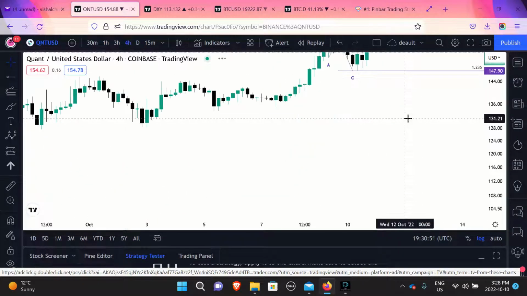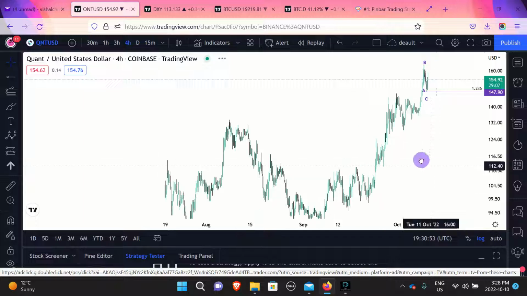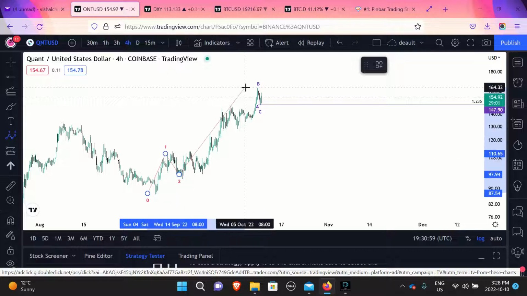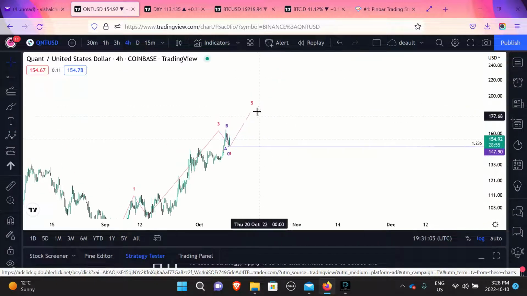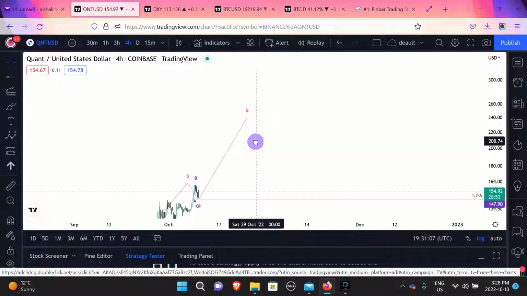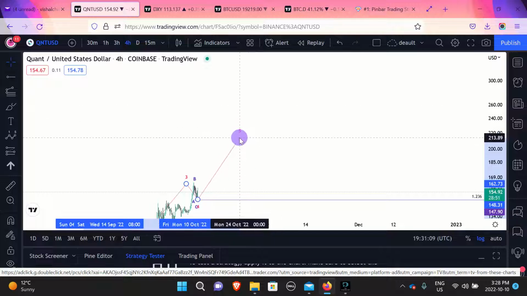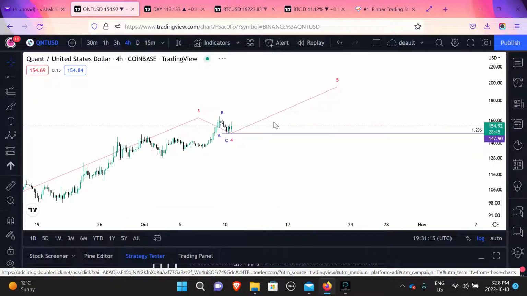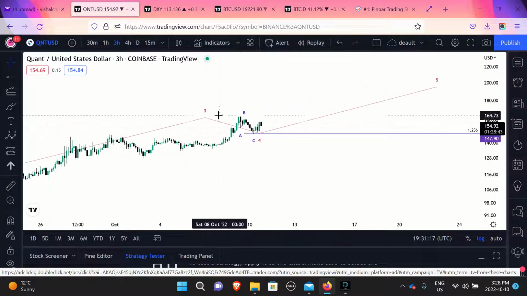Go drop down to the 4 hour. This would be your wave 1, 2, 3, 4, and then we can start our wave 5 up to about 195. Go down to the 4 hour here.